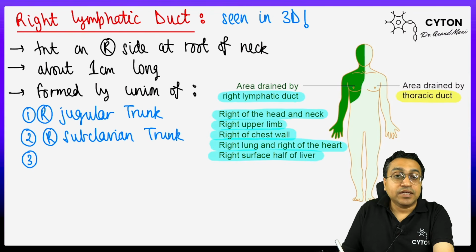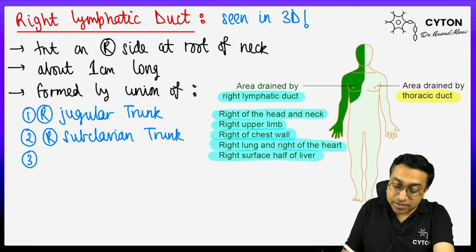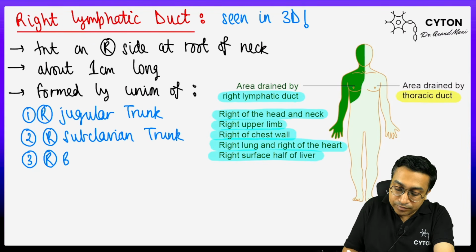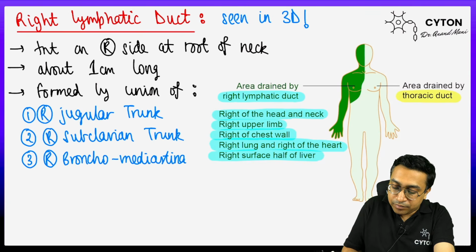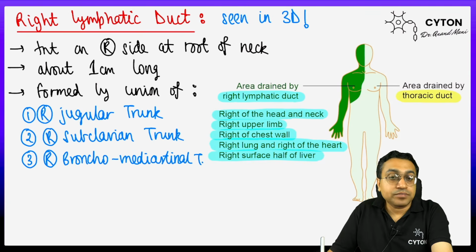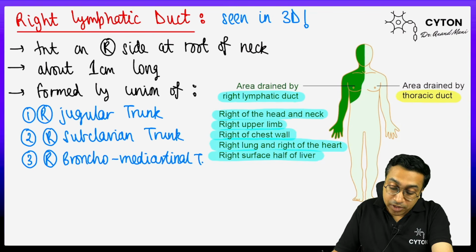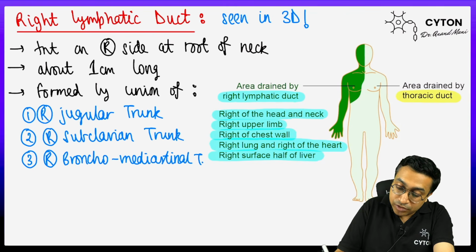Number 3, that is the right bronchomediastinal trunk. Bronchomediastinal trunk. Okay. Talking about the termination again, so that was the formation. Okay, let me just wait.